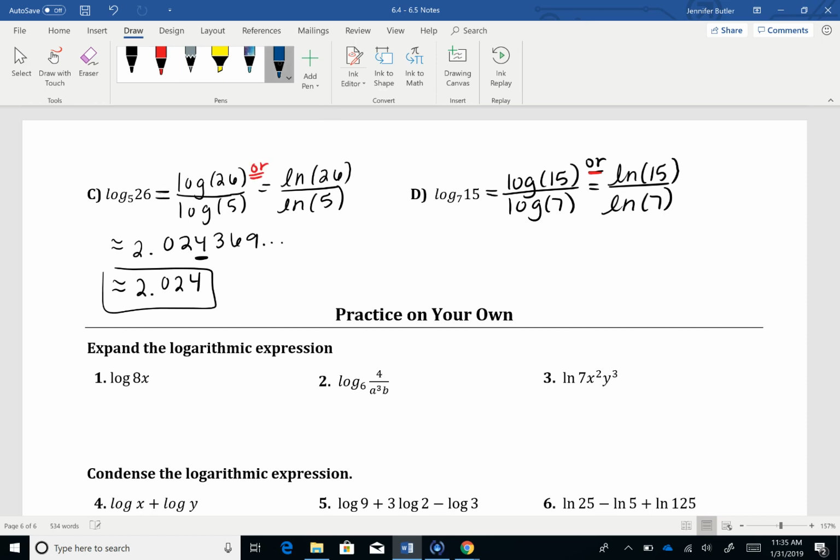After putting that in your calculator, you get approximately 1.391665. Rounding to the third decimal place right here, we see there is a 6 following our 1, so we're going to round that up to 2. So our final answer will be approximately 1.392.